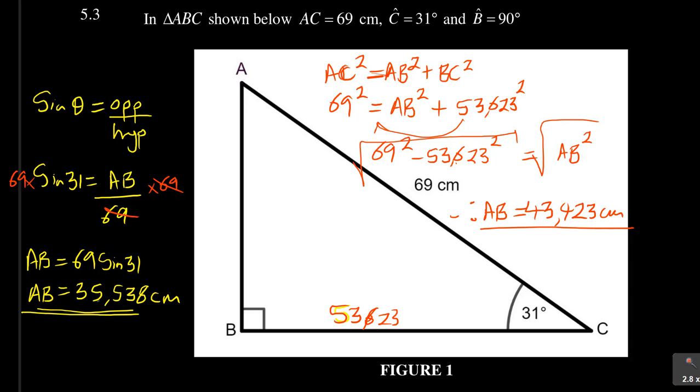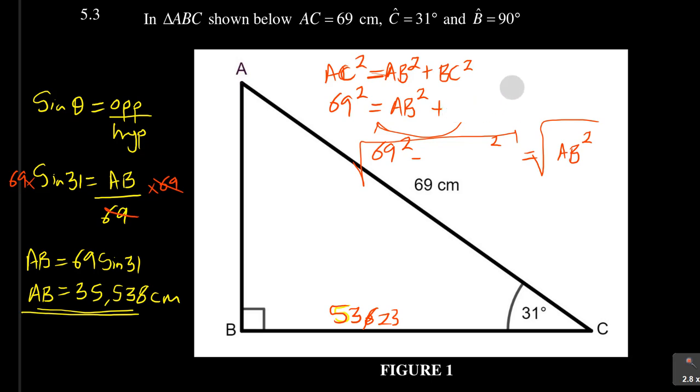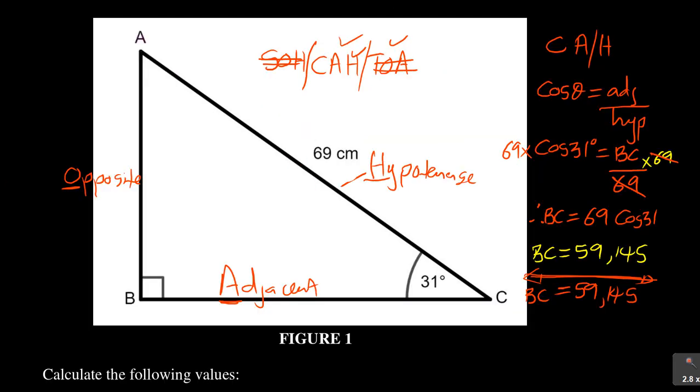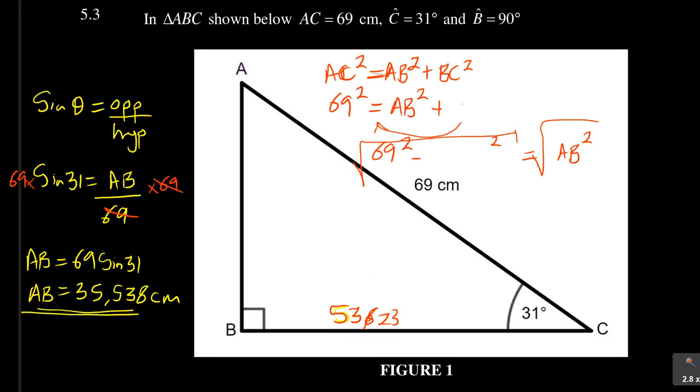Now this one AB was 35.538, we leave it like that. We need to look at this one, which was relying on that previous answer there, which is, in this case, 59.145, so I'll have here 59.145.